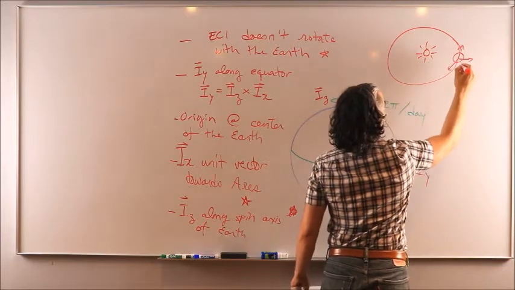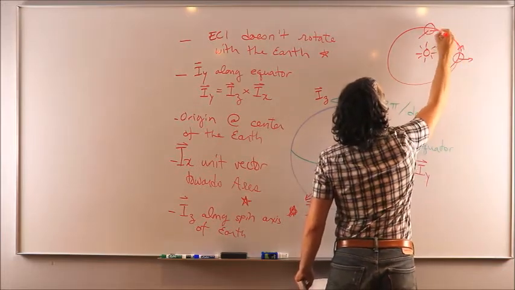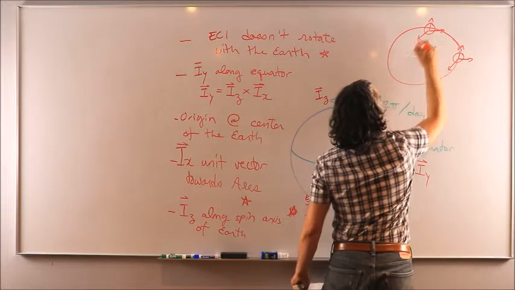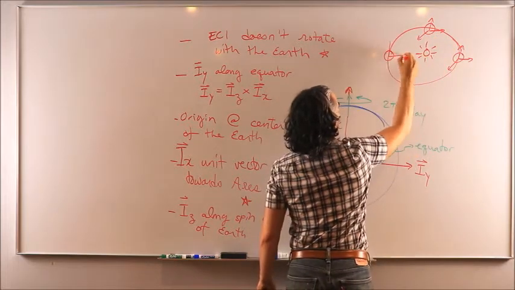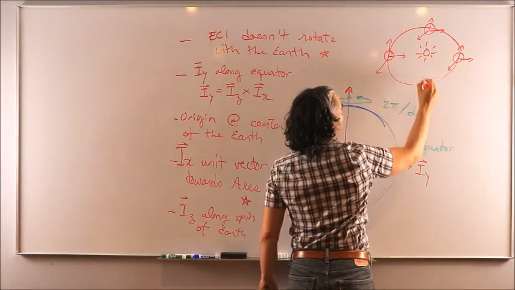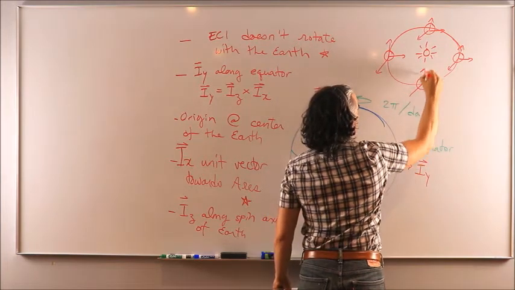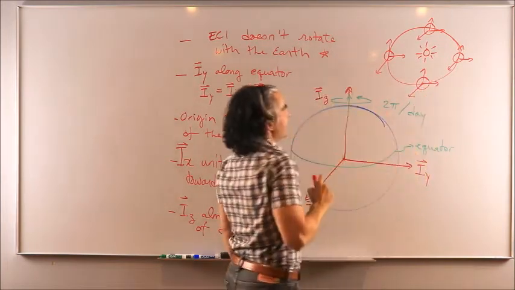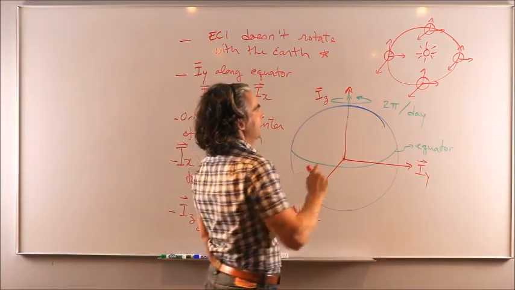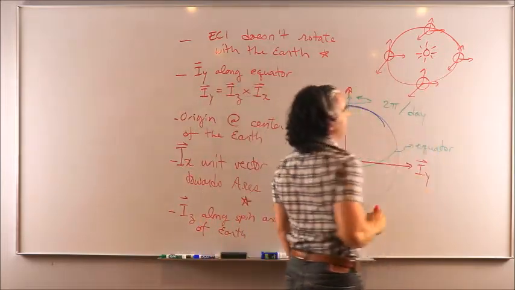So this is ECI, the ECI reference frame, always centered in the center of the Earth. Doesn't that mean that the ECI reference frame moves?